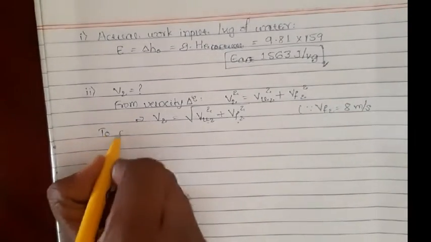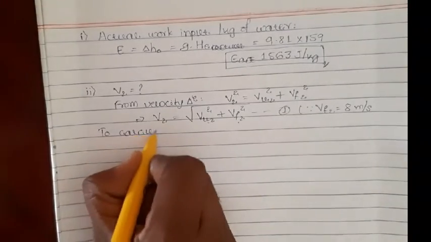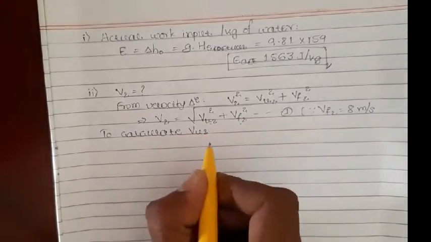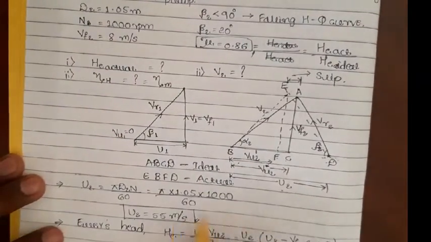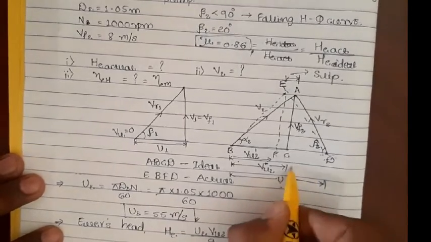Let this be equation number 1 as it is. To calculate Vu2, let us go back to the triangle here. What is this Vu2? It is nothing but U2 minus this value x.